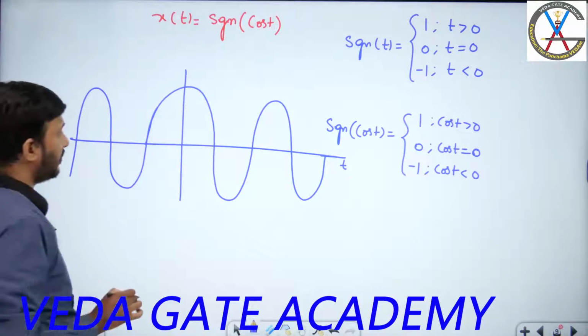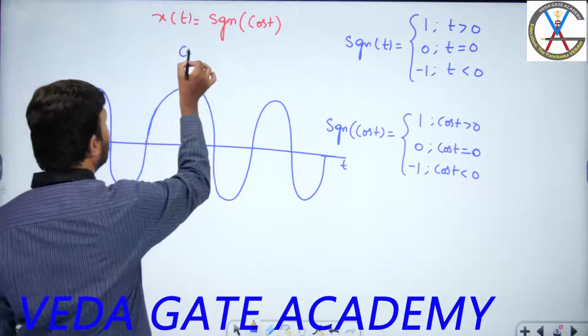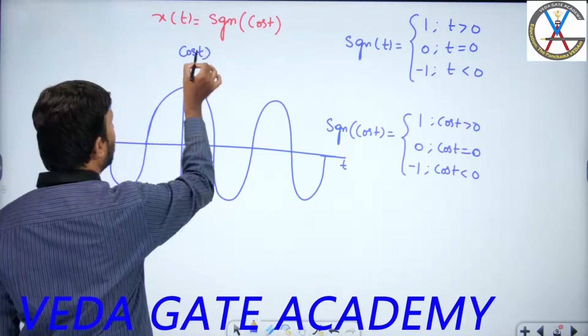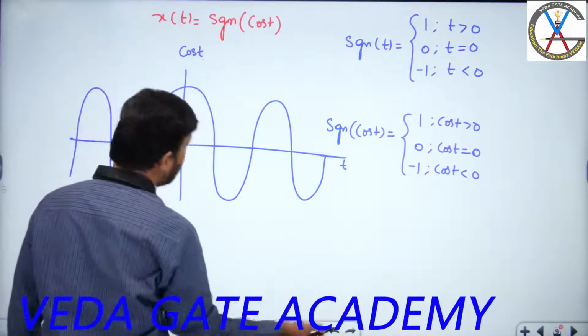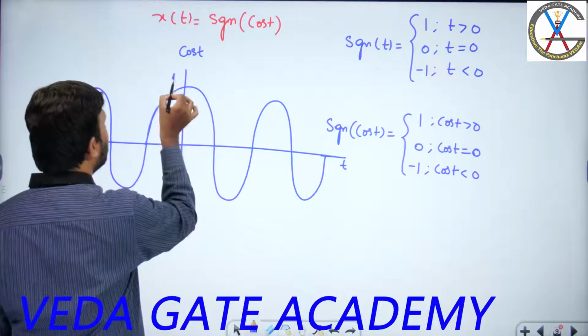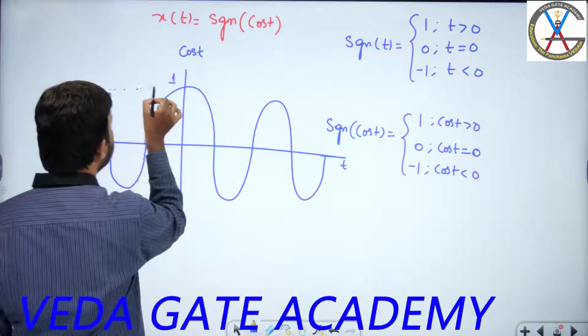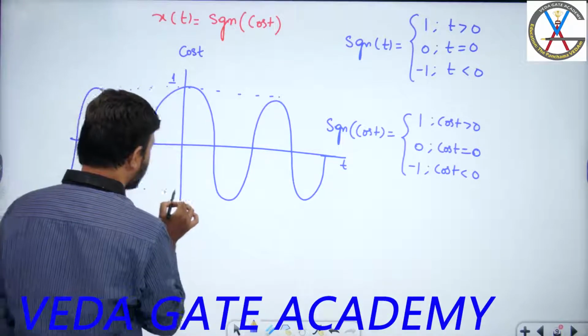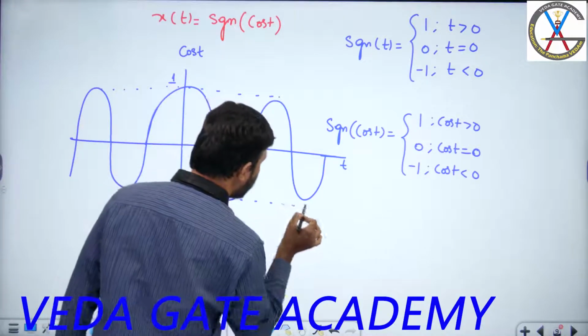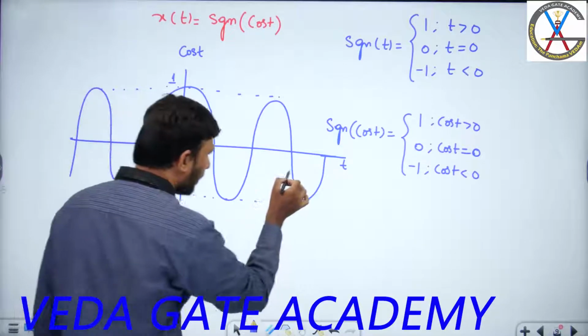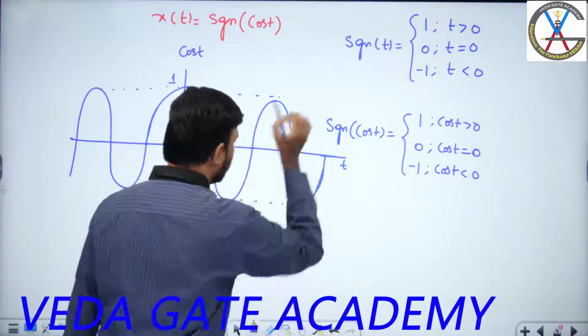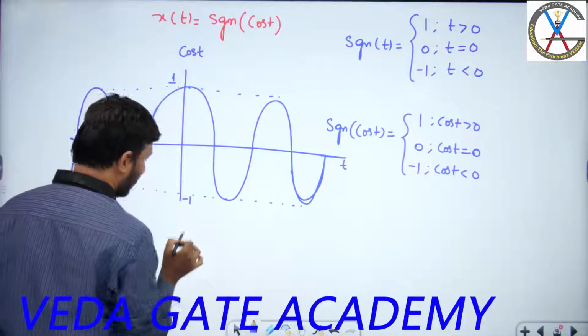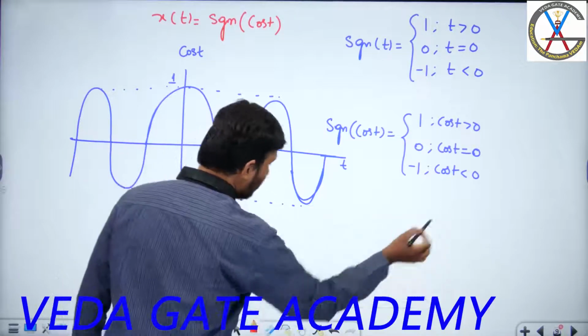What is the maximum value? Maximum value is 1. Minimum value is minus 1.